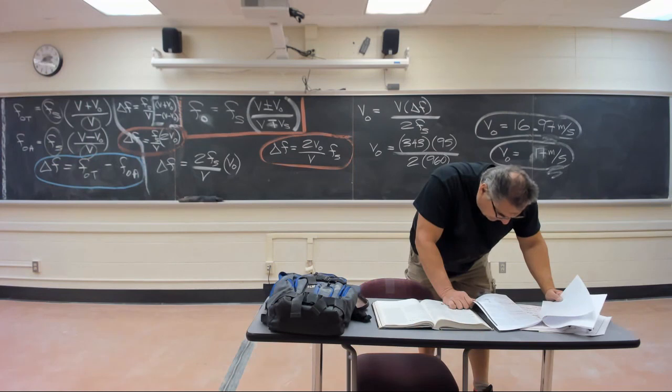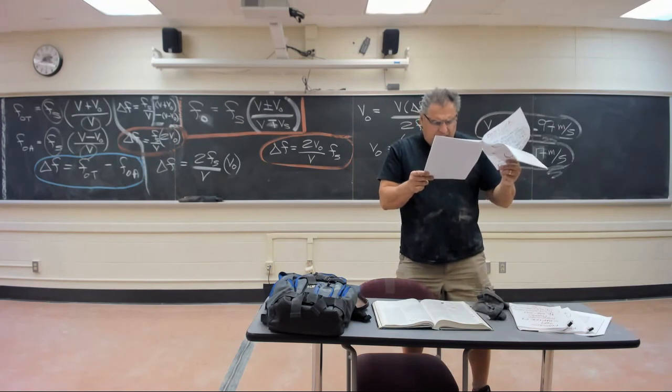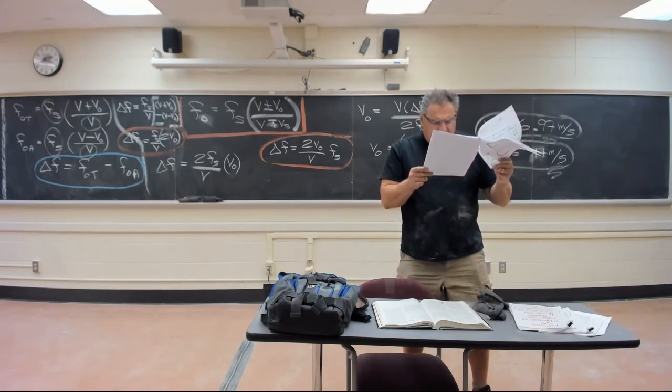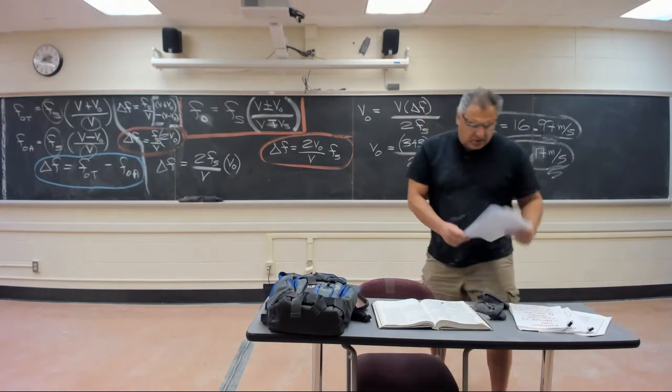It says: two trucks travel at the same speed. They are far apart on adjacent lanes and approach each other essentially head on, but they're far apart. One driver hears the horn of the other truck at a frequency that is 1.14 times the frequency he hears when the trucks are stationary. The speed of sound is 343 meters per second. At what speed is each truck moving? Okay, so let's talk about that a little bit.